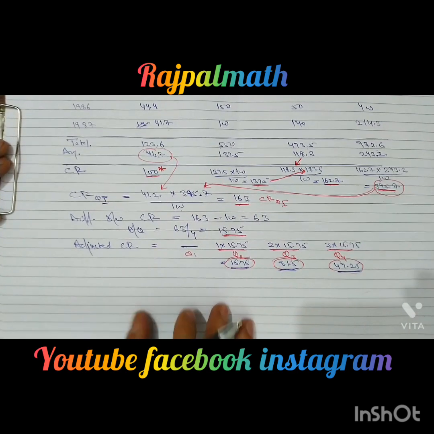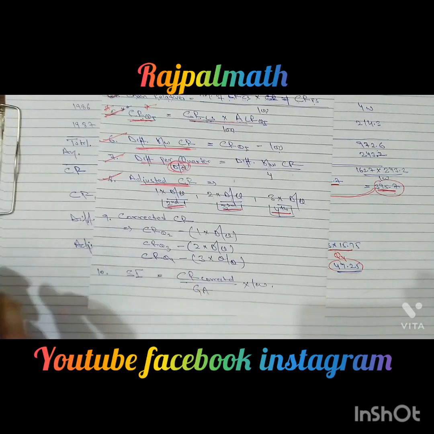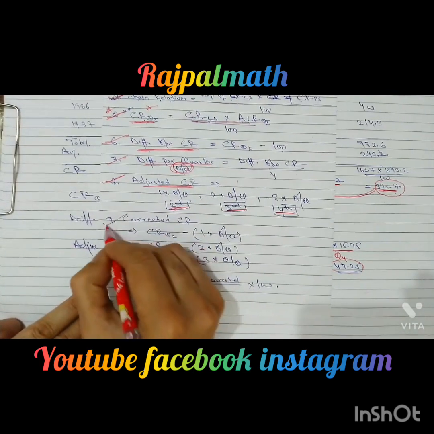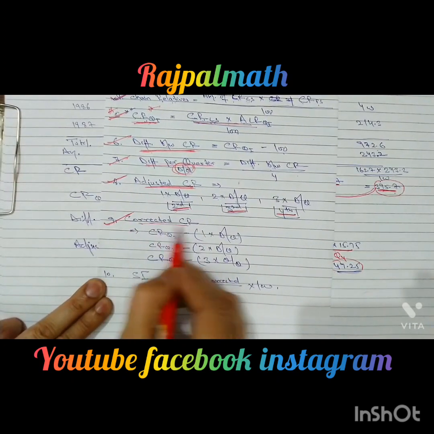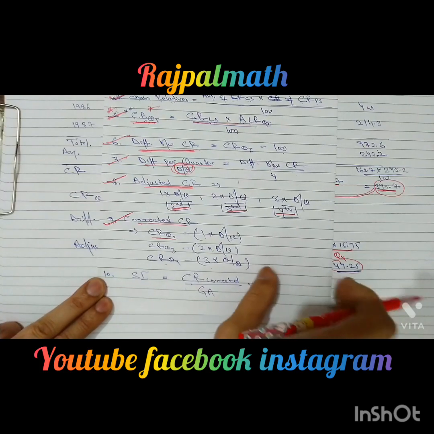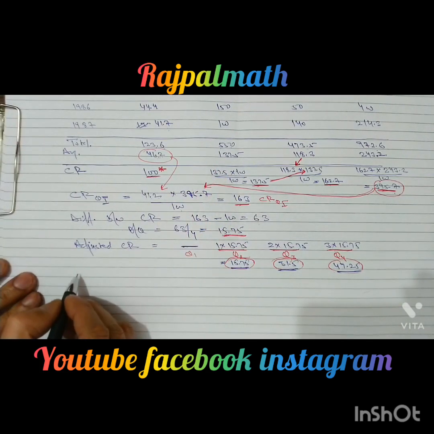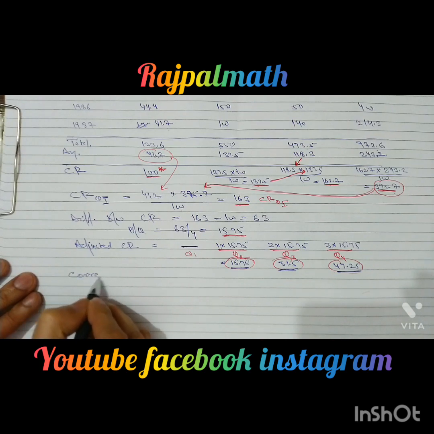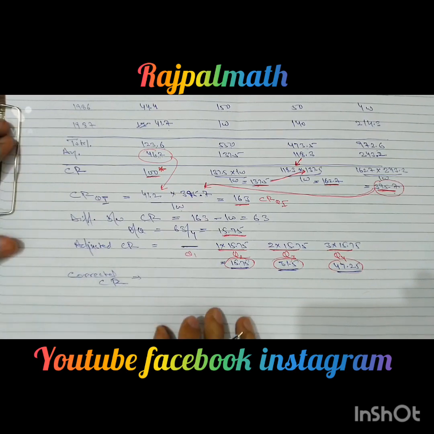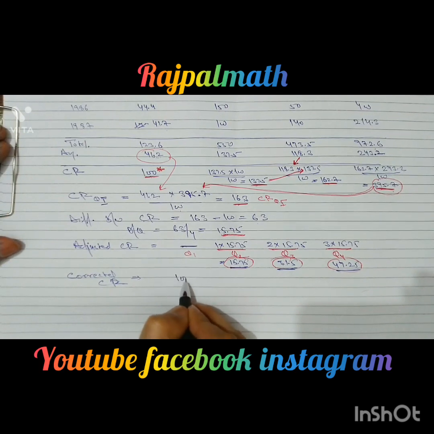Now we have to find the corrected CR, step number 9. I will directly tell you from this one. Clear? Corrected chain relative: CR means chain relative. For the first quarter it is 100.